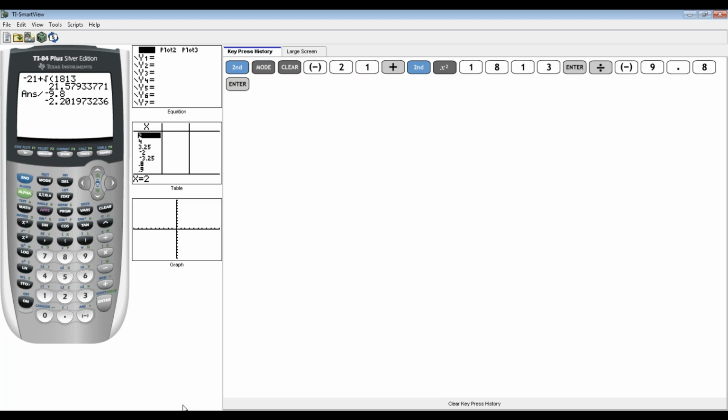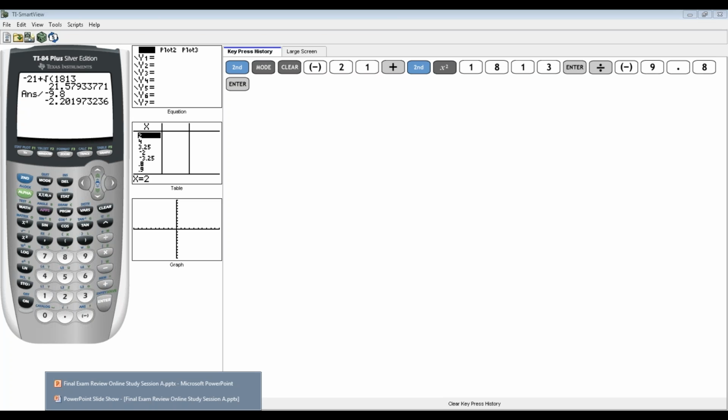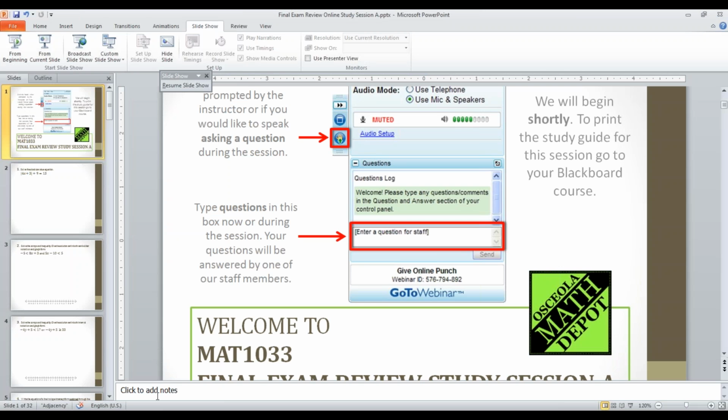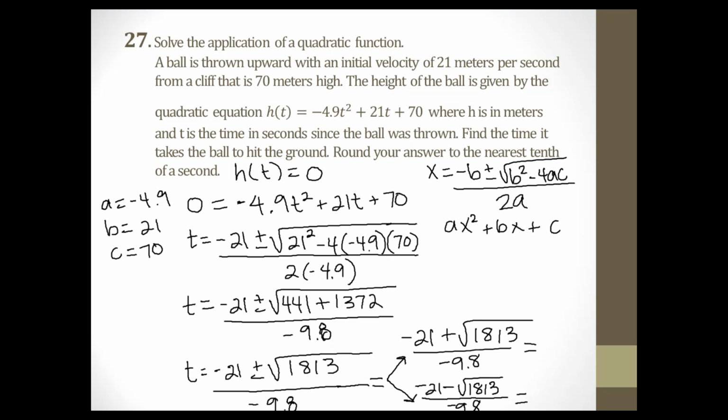So I'm going to go back and write that down. Negative 2.2. All right, and let's do the other one.